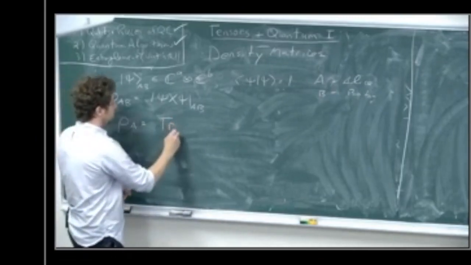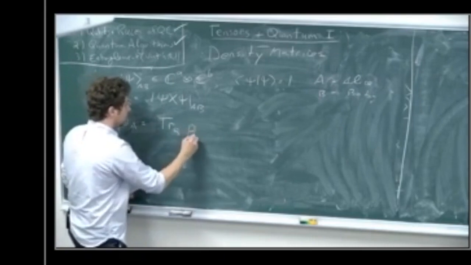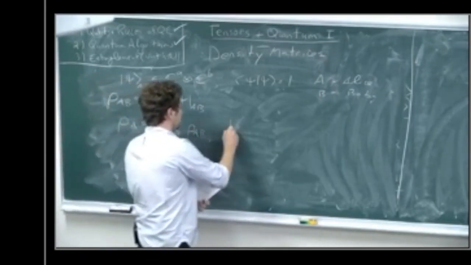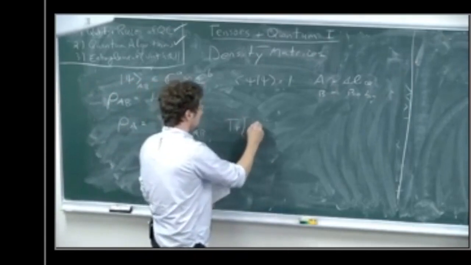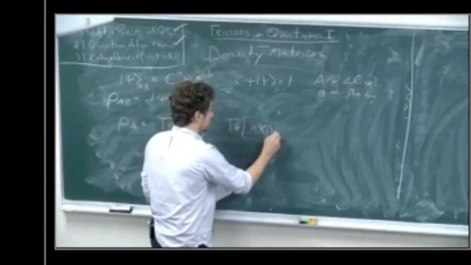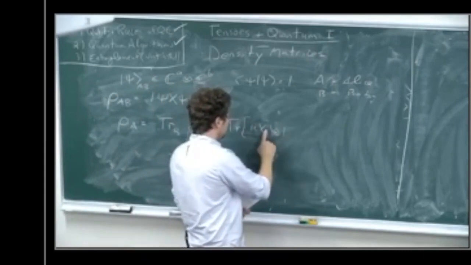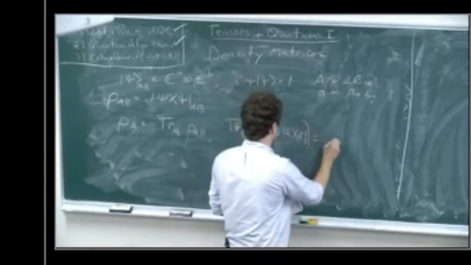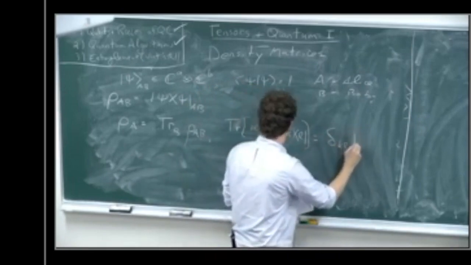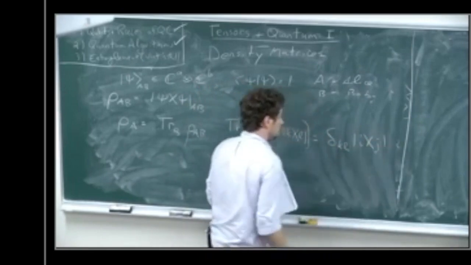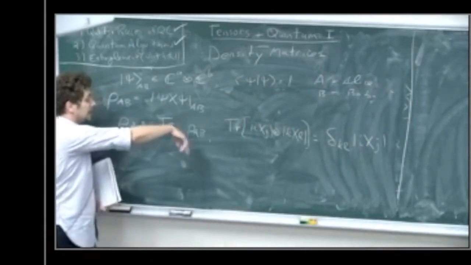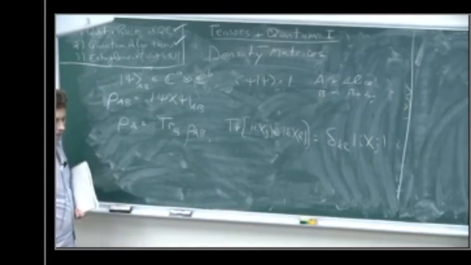Well, I do a partial trace of rho AB, tracing over B. It's just the linear operation that does this. It sums over all the B indices in the matrix.